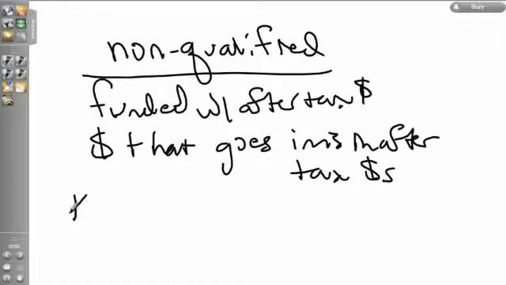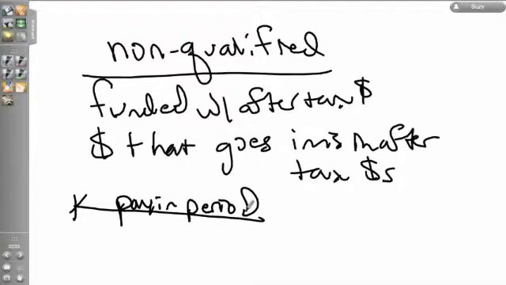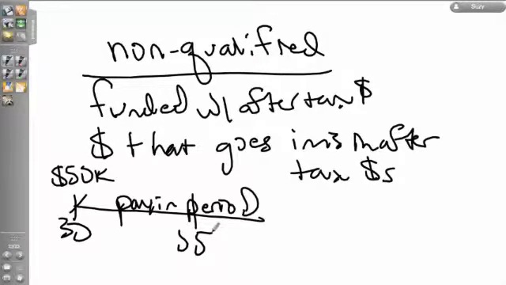Now, I already said you start off and you enter the pay-in period, and some of this is a review. Let's say you put in a single premium, because you could do that. You started off when you were 30, and here you are at 55, and your account balance is $75,000.